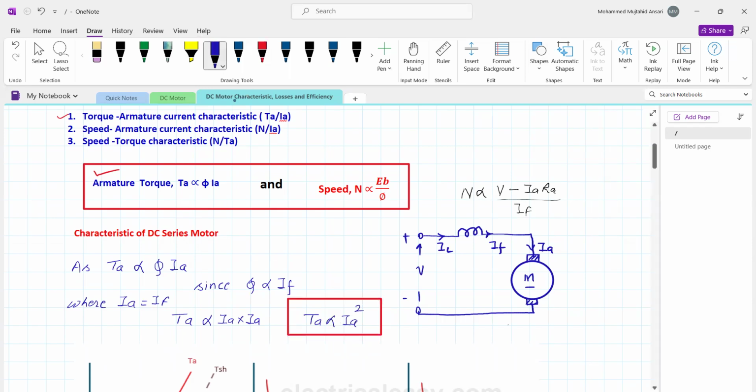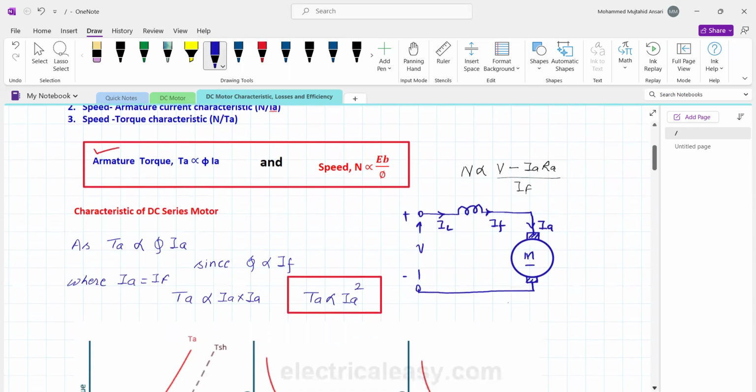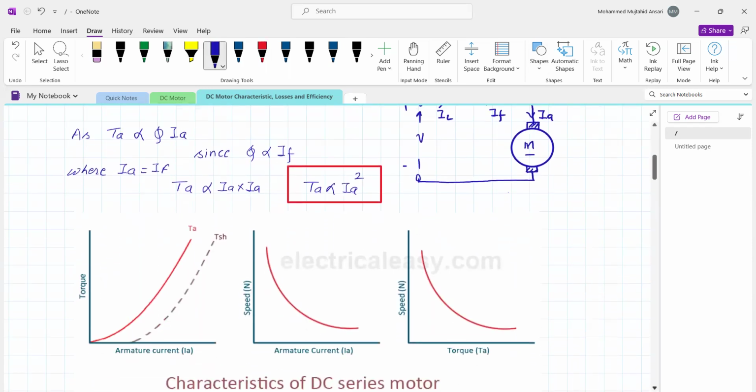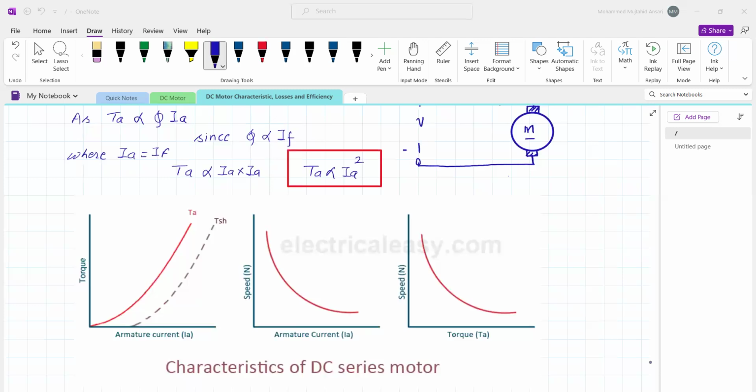As it is square of current, it is possible to draw the torque characteristic and the speed characteristic. As it is square of current, it will give such type of characteristic for DC series motor.